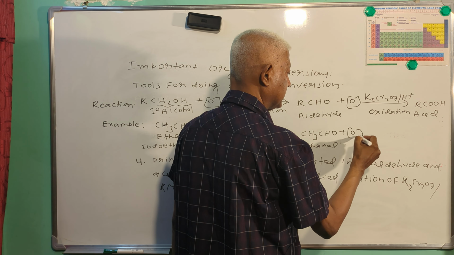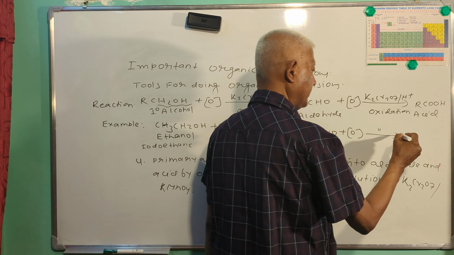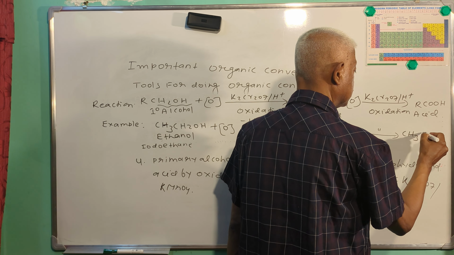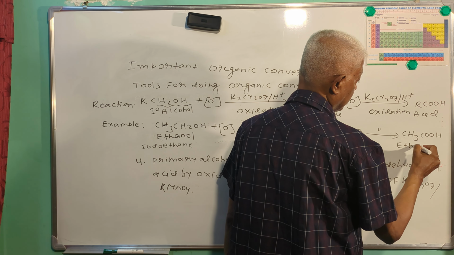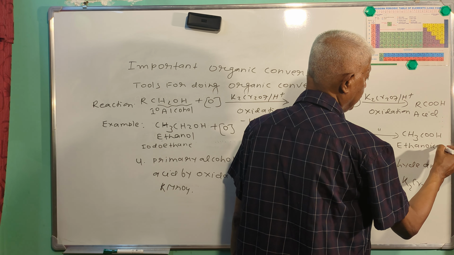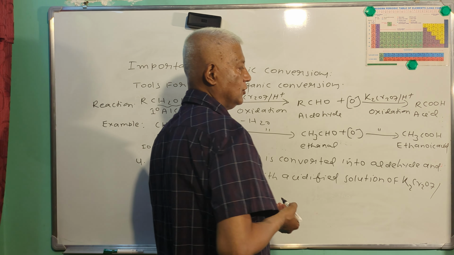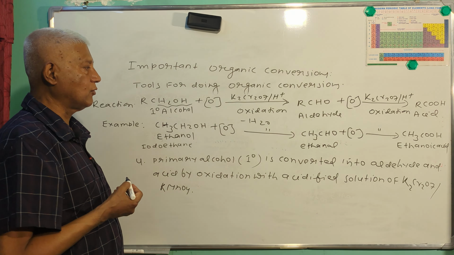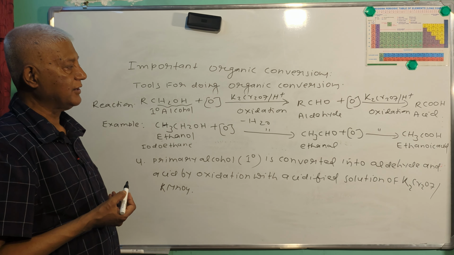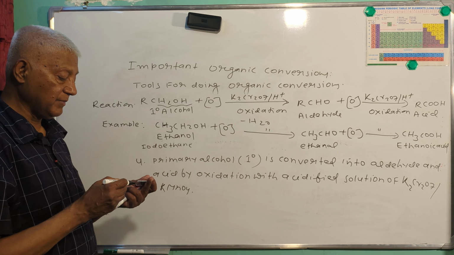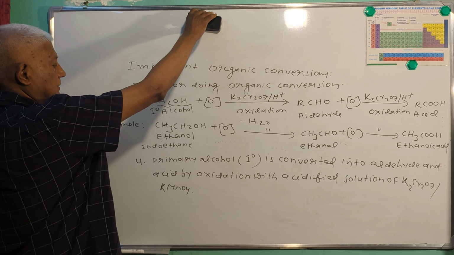When this is further oxidized, we have CH3COOH, that is ethanoic acid. To convert alcohol to acid, always we have to acidify it with maybe potassium dichromate, maybe potassium permanganate. Yes.